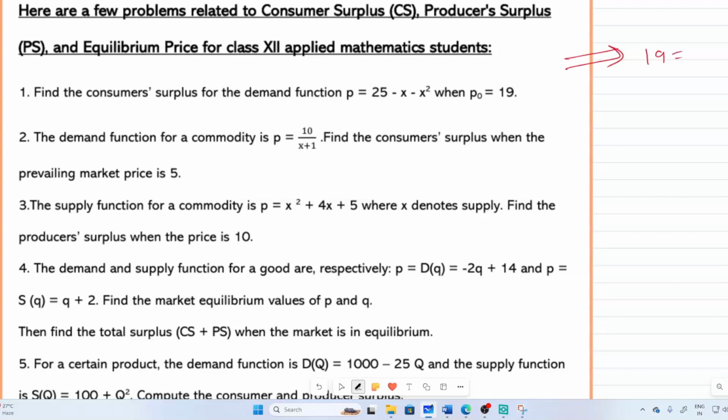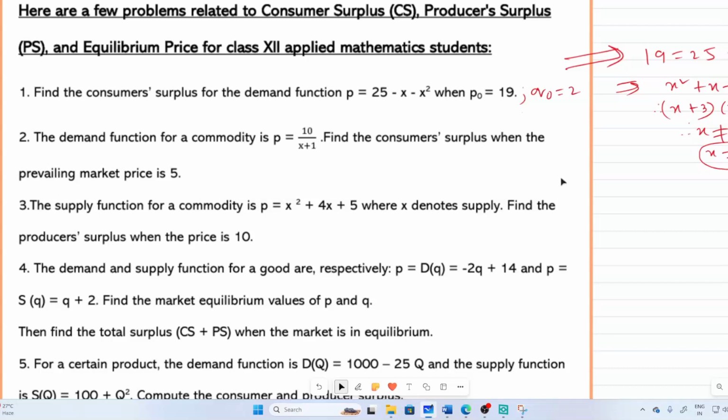So 19 equals 25 minus X square. This implies X square plus X minus 6 equals 0. So X plus 3, X minus 2; X not equal to minus 3, so X equals 2. So P0 is given, now you got Q0. Q0 is 2.